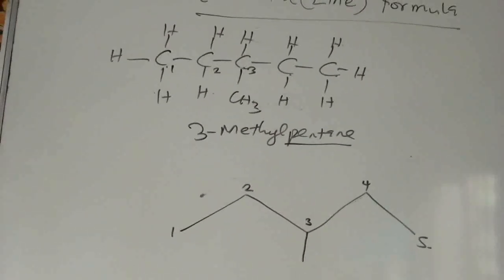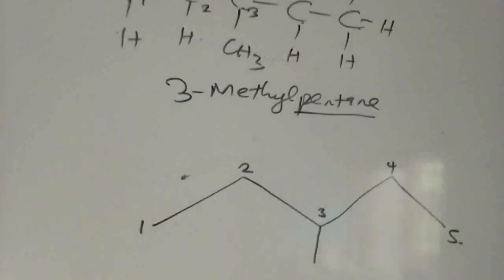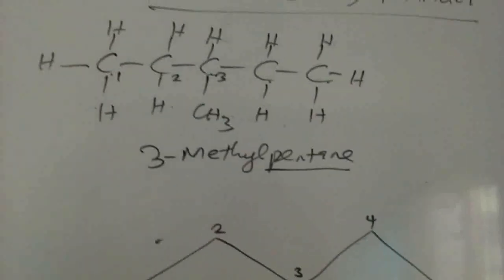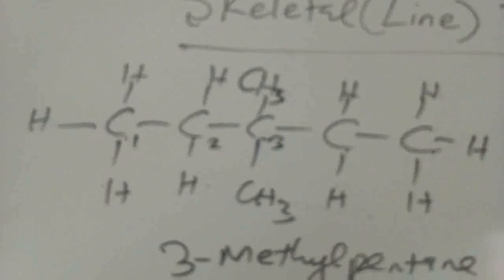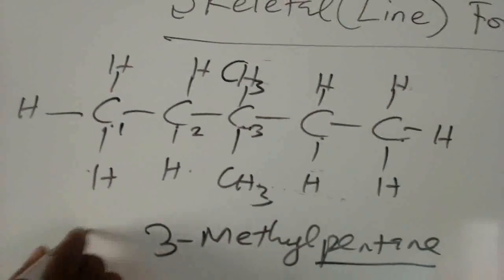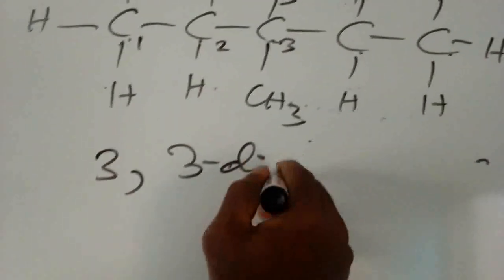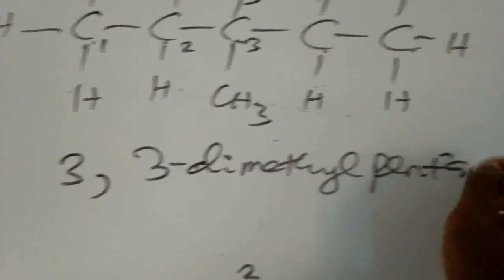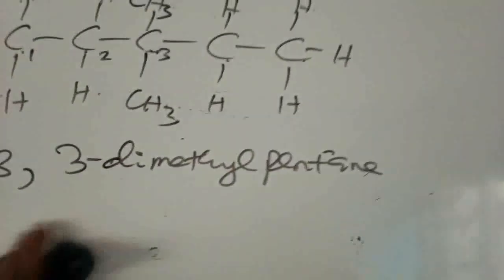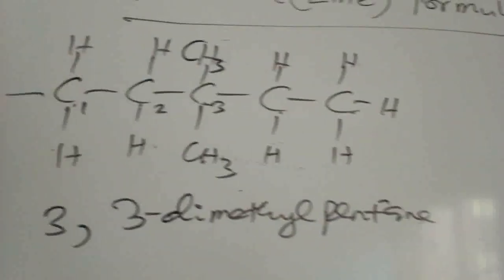So you see that? Let's say we have another CH3 here. Again, this compound will change to 3,3-dimethyl pentane. So how would I draw its skeletal formula?